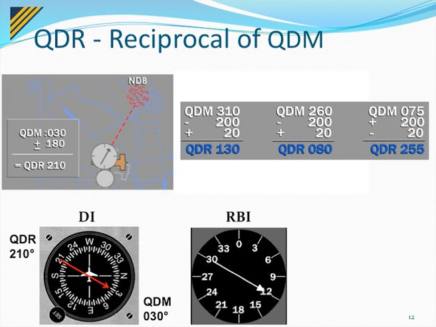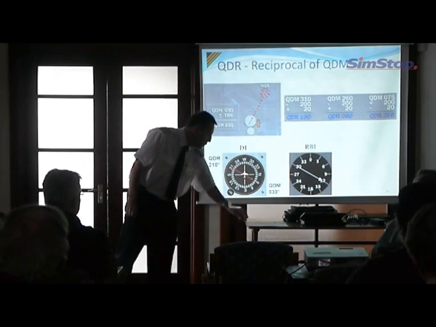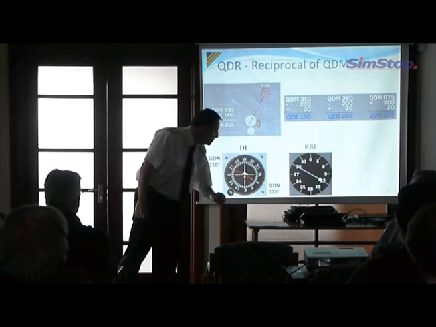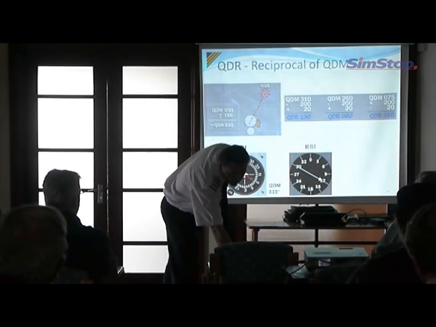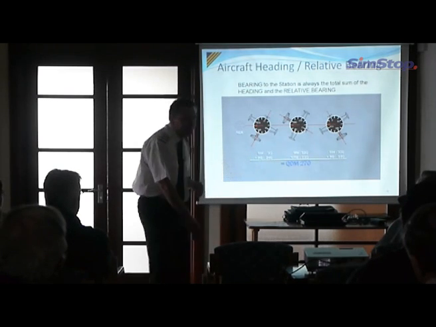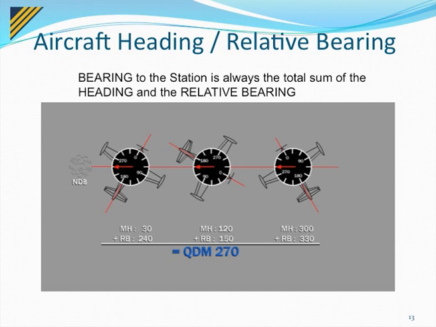So if the QDM is high, in this instance 310, minus the 200 and add 20, that will give you your 180, etc. And there we can see then aircraft heading and relative bearing.